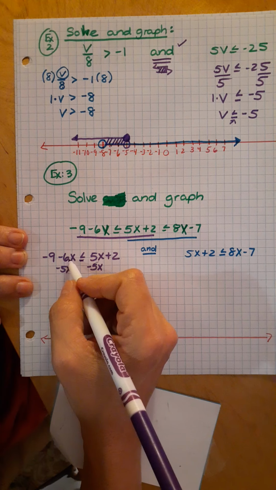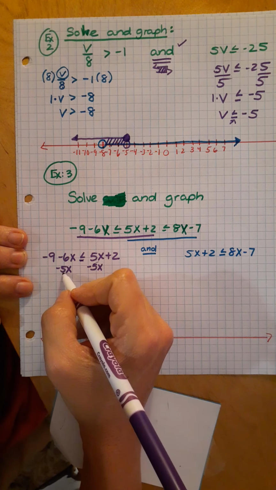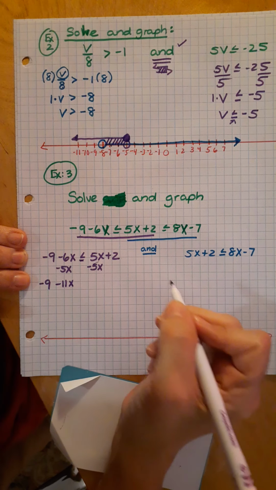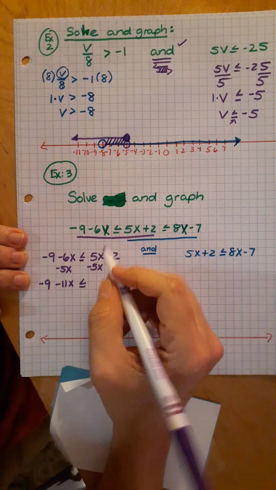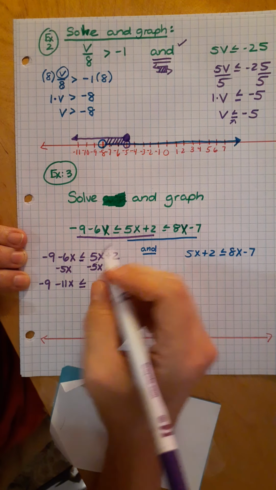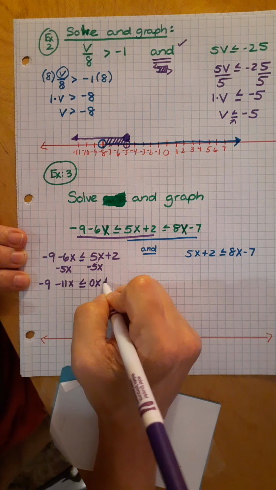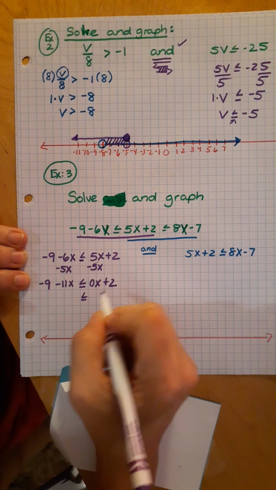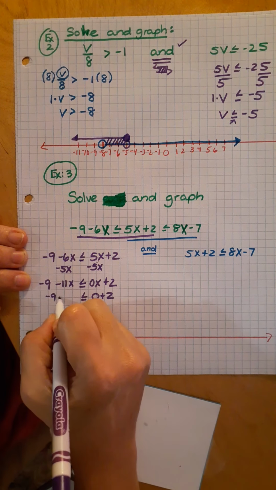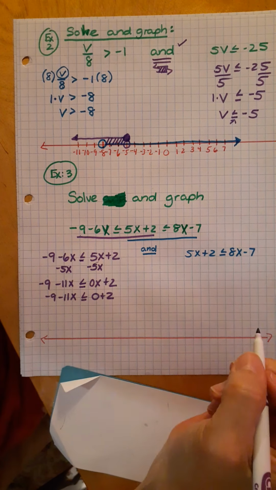I like to think of it as I owe $6, I owe $5, I owe $11, and I better not forget the -9 in front there. Less than or equal to, I have 5, I owe 5. If I use my 5 to pay my debt, I have 0x plus 2. What is 0x? 0 plus 2. -9 minus 11x. Okay, we got to keep going.